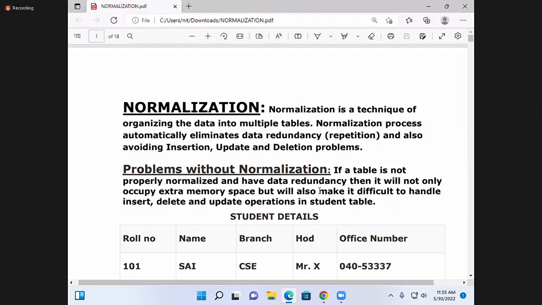After all techniques are satisfied, those tables are sent to developers. Then developers, based on the diagrams, implement them in their application. So this is the normalization topic.